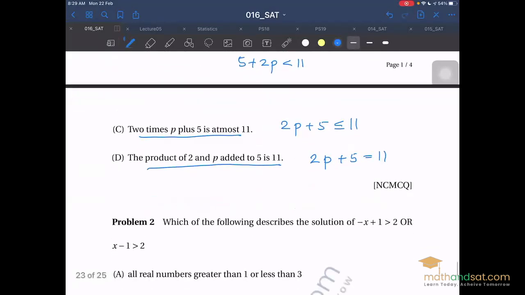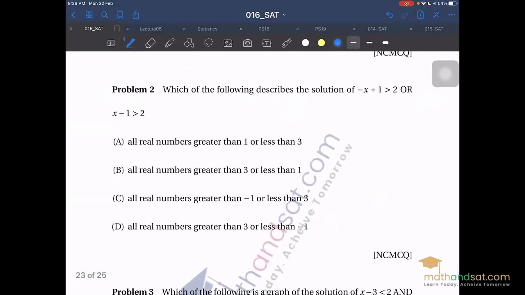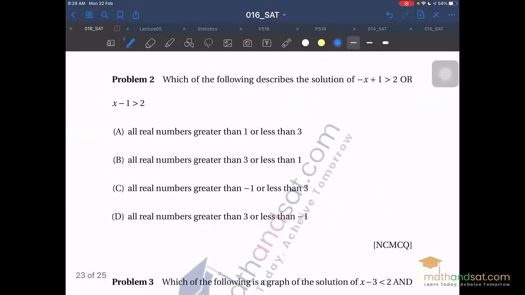Let's go to the next problem sheet. Which of the following describes the solution of minus x plus 1 greater than 2 or x minus 1 greater than 2? We have two inequalities here.